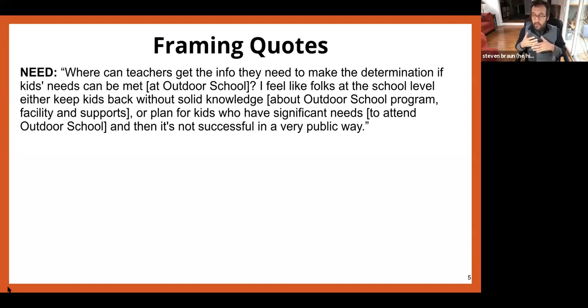So this quote exemplifies a need, which is obviously not fully pervasive everywhere, of which the purpose quotes will exemplify. But what this shows is students either not going, so that's exclusion, or going and not receiving the supports, which is also a form of exclusion. So you can go to the next slide.